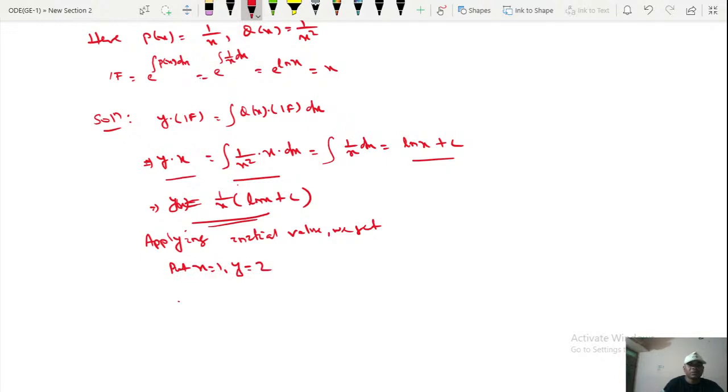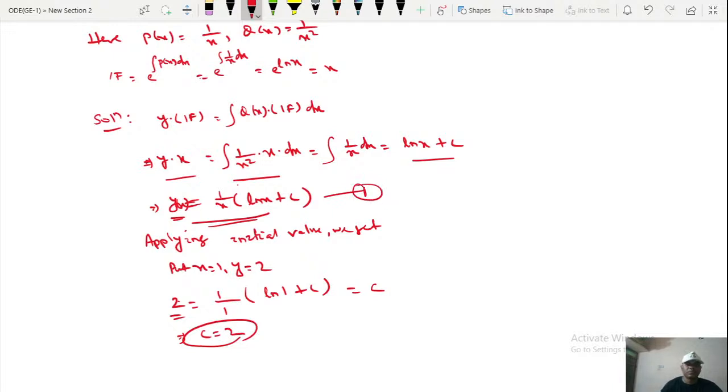So 2 equals 1 by 1 into ln 1 plus c, and ln 1 is 0, so the right hand side is only c and the left hand side is 2, that means c is equal to 2.